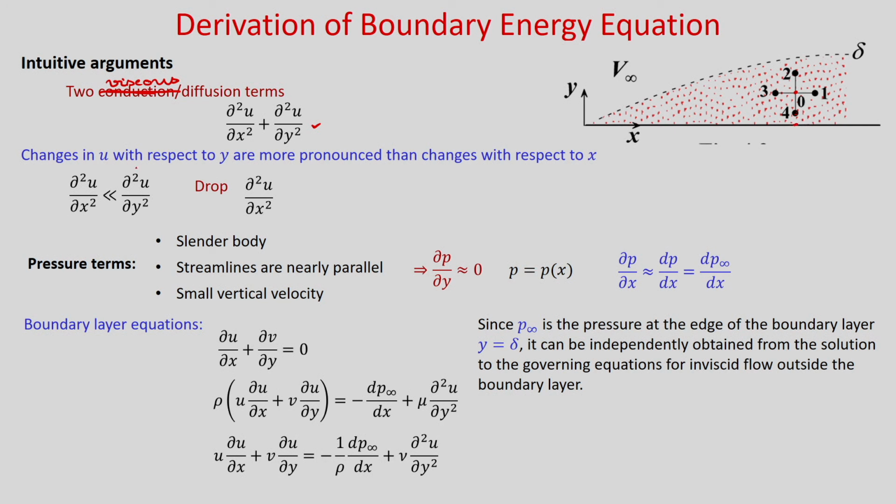So, changes in u with respect to y are more pronounced than changes with respect to x. It does not answer which of the gradients del u by del x is smaller than the other. Now, the insect is just one step away from the surface. If it goes to the surface then obviously the velocity will become 0 and the change in the velocity gradient will be more.